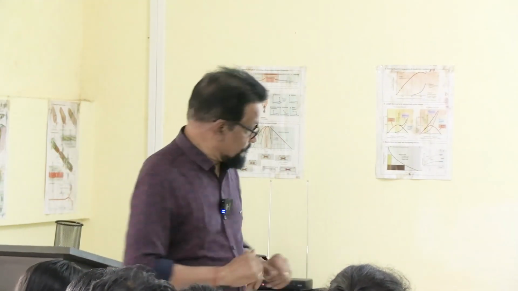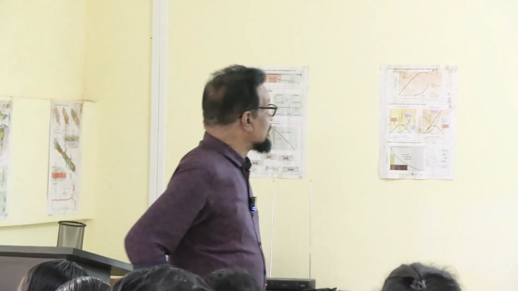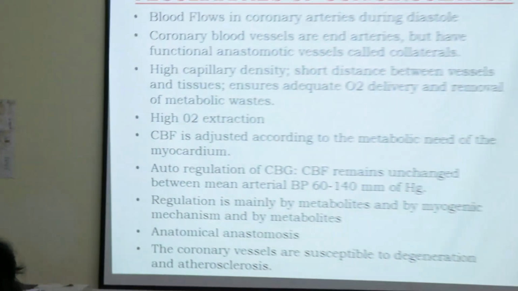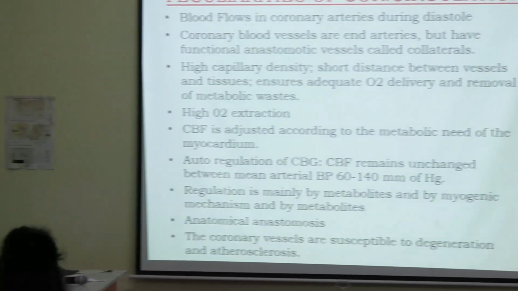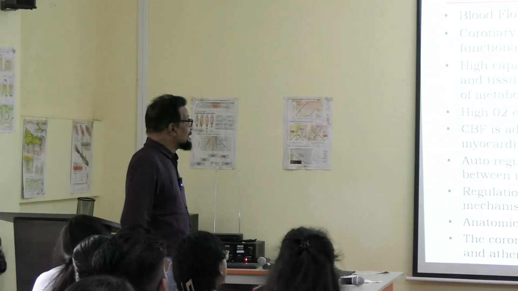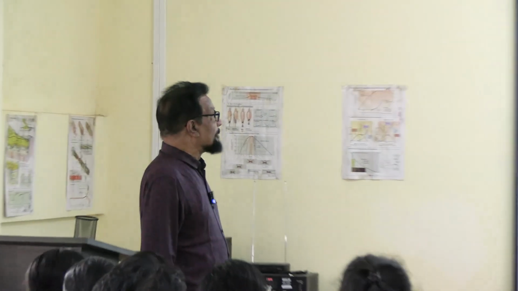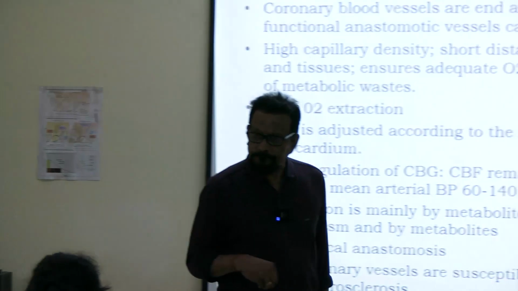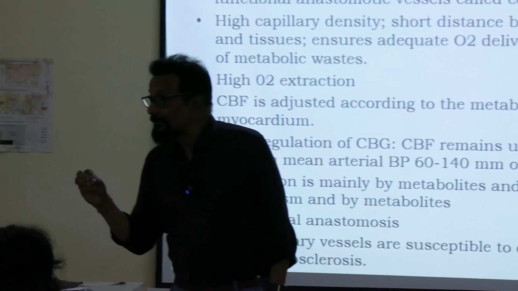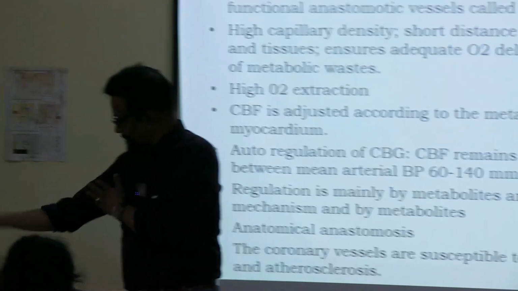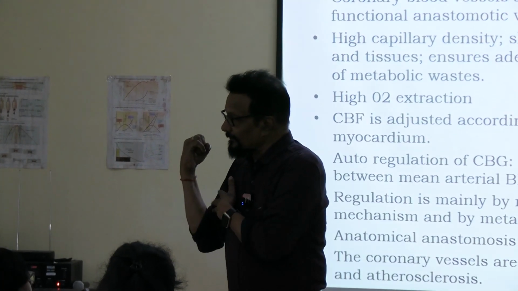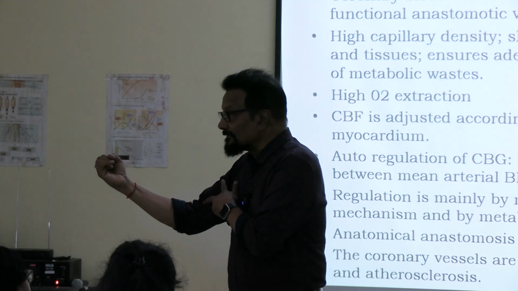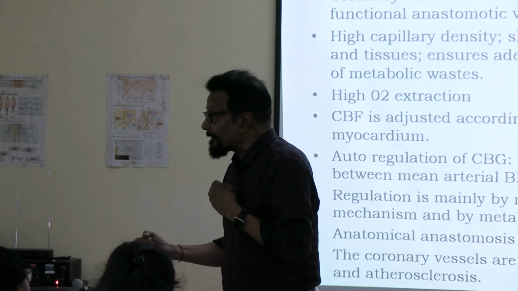Right? Okay. Next point is CBF. CBF means coronary blood flow, blood flow through the arteries. Coronary blood flow is adjusted according to the metabolic need of the myocardium. Simple. Metabolic need means, I started contracting these muscles, so these muscles require more and more ATP.